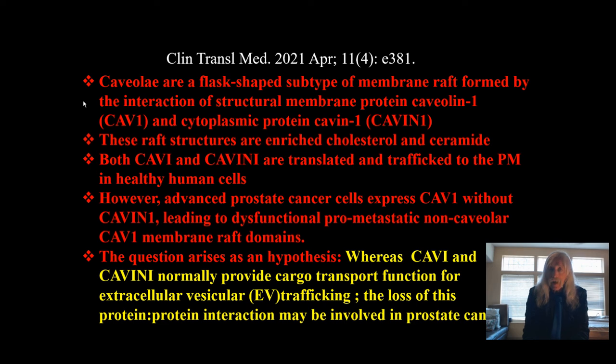But at the same time, because it's a raft, it can mobilize. And because it can mobilize, it can sometimes generate vesicles. And these vesicles can transport extracytoplasmically and indeed extracellularly components of the cell.